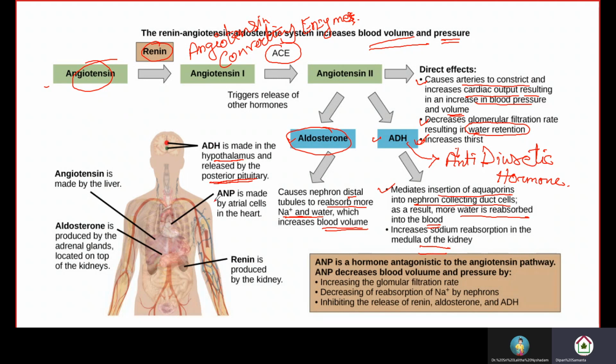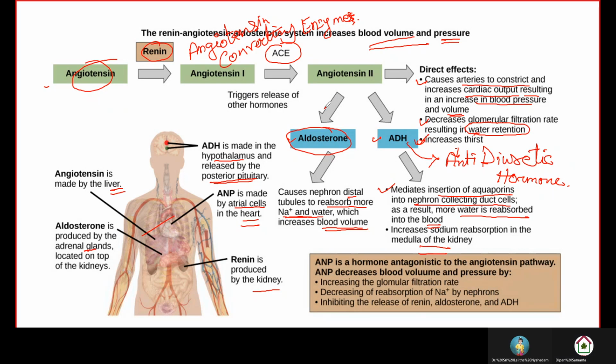Then we have ANP, atrial natriuretic peptide, which is made by atrial cells in the heart, and renin, produced by the kidney, takes part in the RAS system, the renin angiotensin aldosterone system, and converts angiotensinogen to angiotensin 1. Then angiotensinogen is made by the liver, and aldosterone is produced by the adrenal gland.